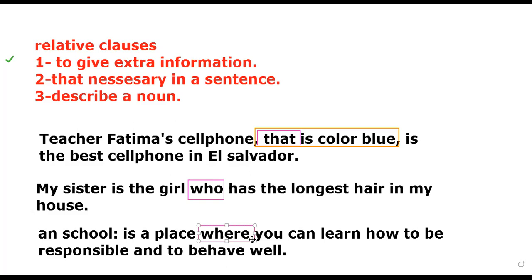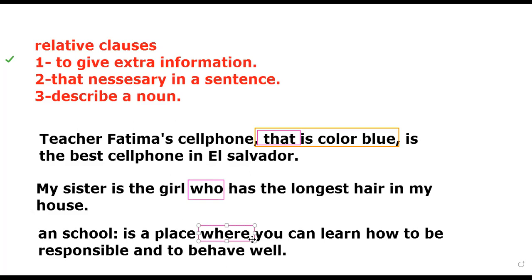Yes. Linking words join two sentences into one when you want to emphasize or describe something else. And the relative clauses is just used to describe something else.